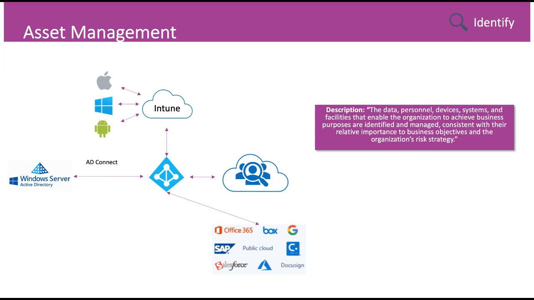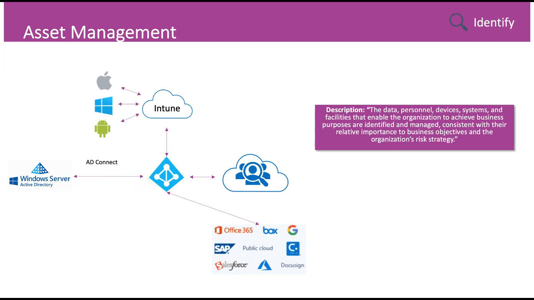On top of that, because you've got Azure Active Directory now as your primary identity source, you can integrate applications like the ones on screen, so Dropbox, Box, Concur, DocuSign, Salesforce, you name it, into your Azure Active Directory. So you've got a single identity to manage all of these services. So if somebody was to leave the organization, all you have to do is disable that one user account, and that will stop access onto all of these services.